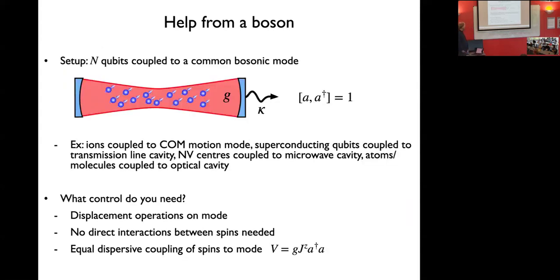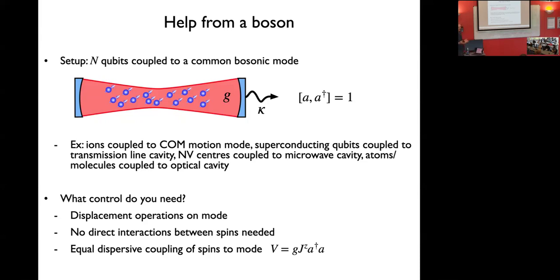And we looked at a situation where you have your spins coupled to a bosonic mode. It might be a cavity, for example. So it could be that you have some cavity which has some decay described by parameter kappa, and it couples to the spins by a strength G. And this could correspond to the collective motional mode of trapped ions.